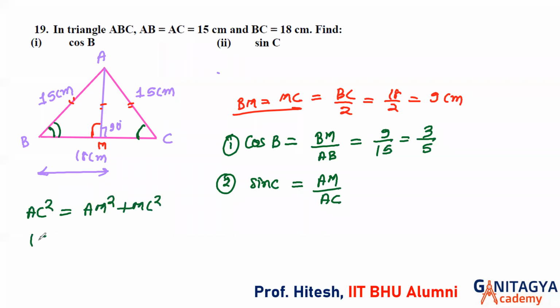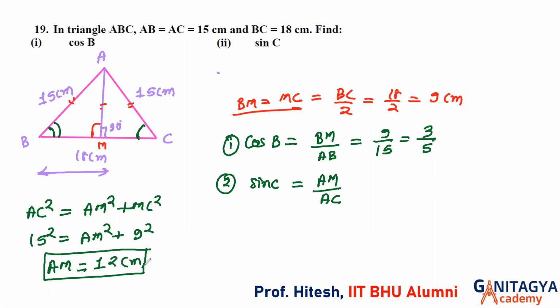So AC is 15 square, AM is unknown, plus MC square, that is 9 square. So AM square will be 15 square minus 9 square, 225 minus 81, 144, so AM is 12 centimeter. So sin C will be 12 upon 15. Understood?